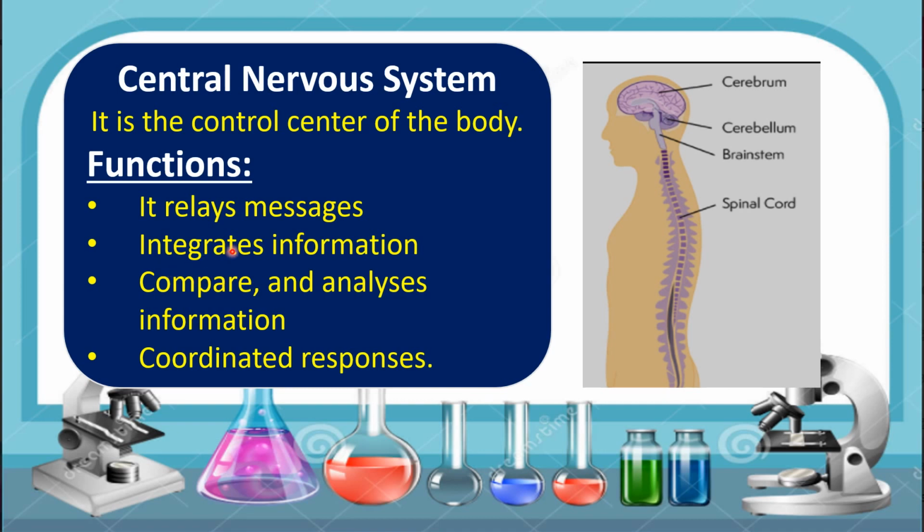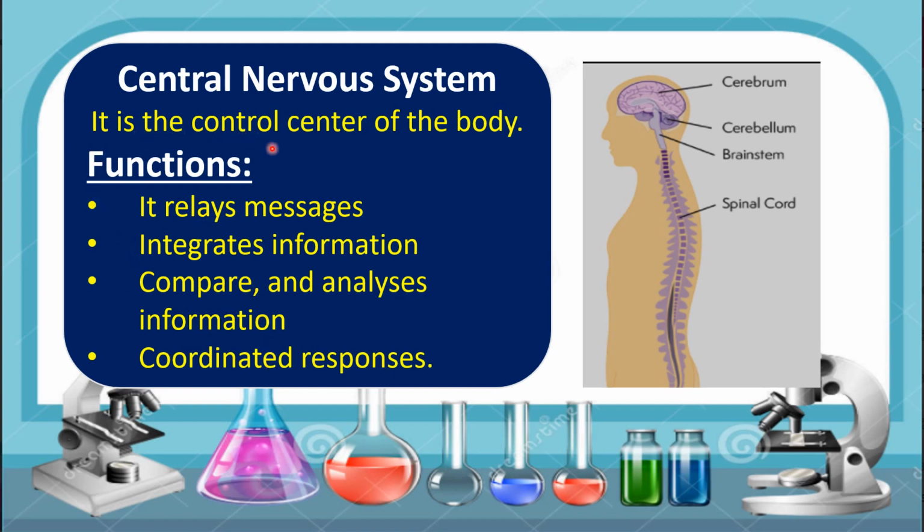Next, it integrates information. When we say integrate, it means it combines or gathers all the information, and then after gathering all the information, it compares and analyzes the information. Then after that, it coordinates the responses. Again, this is the main function of our central nervous system.